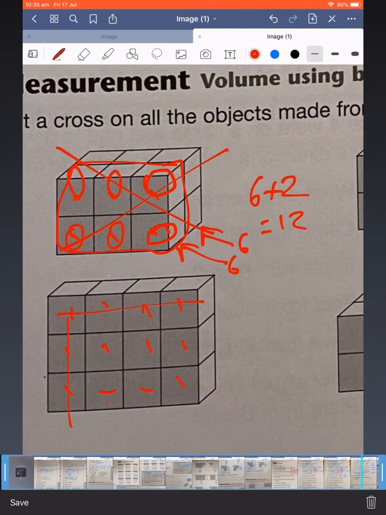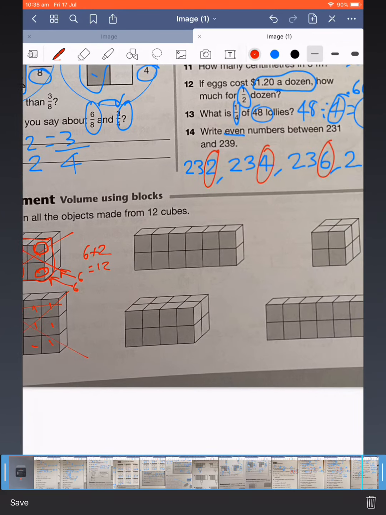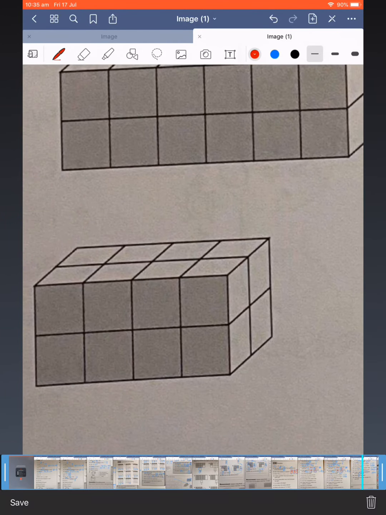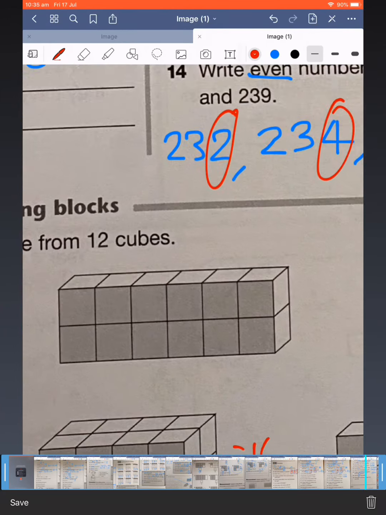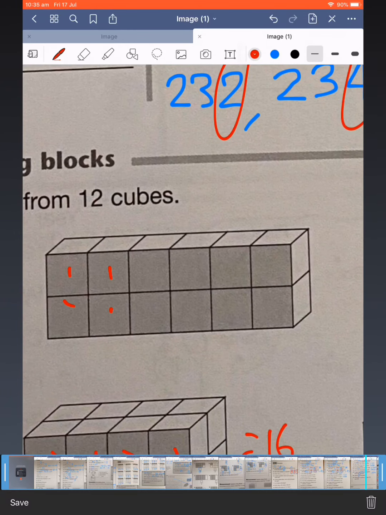Let's have a look here. 1, 2, 3, 4, 5, 6, 7, 8. Okay, so there's 8 in that first row, and I can see that there's another row which looks exactly the same as the first row. So that probably has 8 too, which gives us 16, which means we don't cross that one. Now this one, 1, 2, 3, 4, 5, 6, 7, 8, 9, 10, 11, 12. Oh, fabulous. It's only got one row, so that's good.